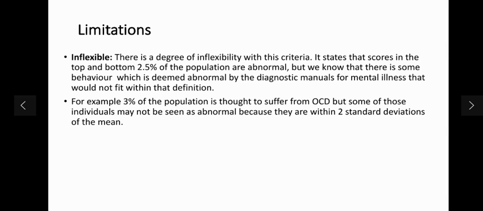But not all these 3% fall in the top or bottom extremes. Some of them may be very much in the normal range, which is plus or minus 2 SD from the mean. Such people, though they fall within the normal range, may have symptoms of abnormality. Such important things are not considered by statistical criteria.